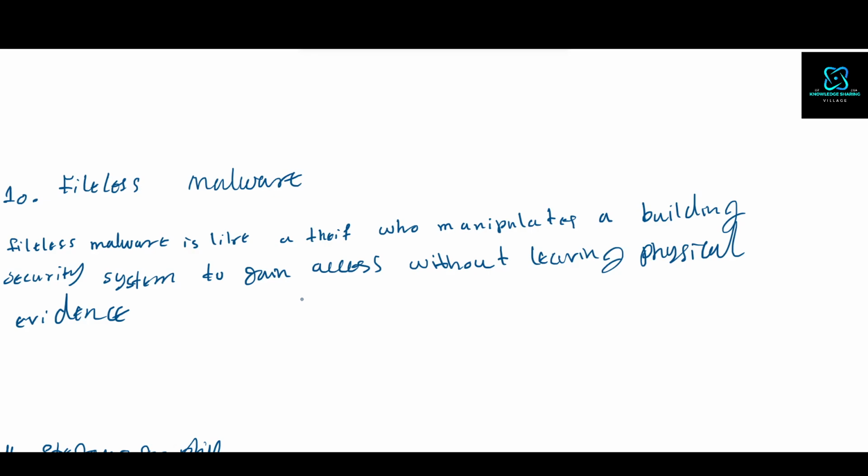It is like they were never there. It is the same as fileless malware. They are not installed on the hardware, but they are doing their job on the RAM itself.